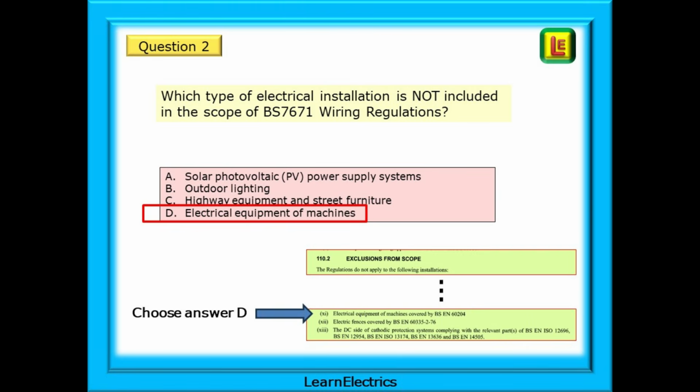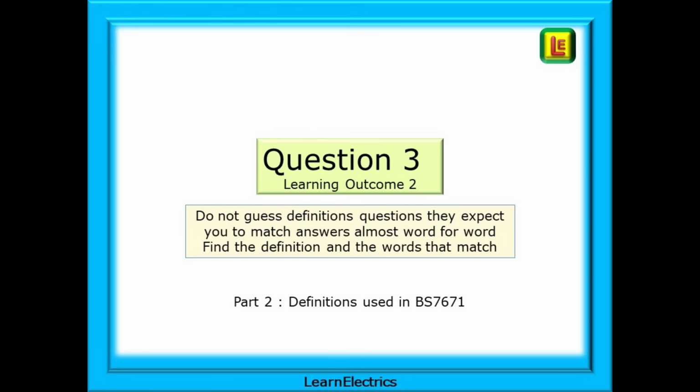Regulation 110.2 is where we should be. Exclusions from the scope. In other words, not included. And there, at number 11, or X1, we find electrical equipment of machines. So choose answer D.